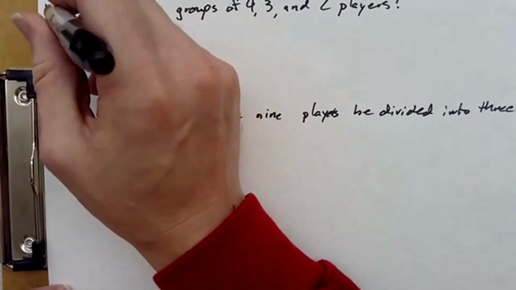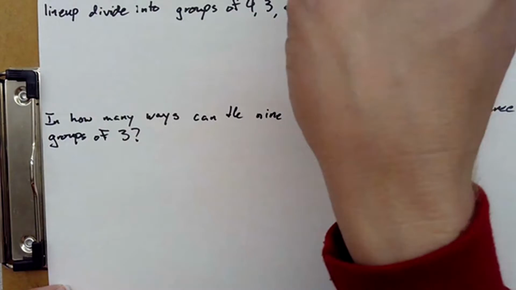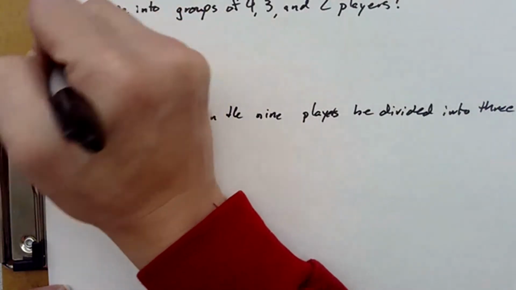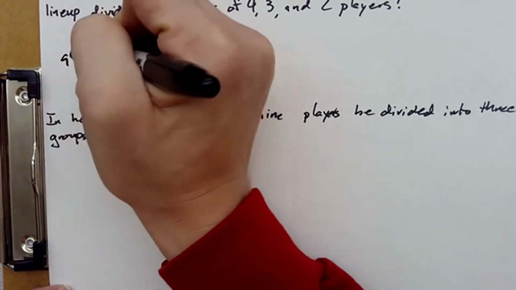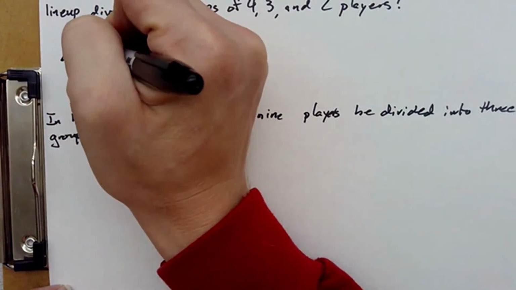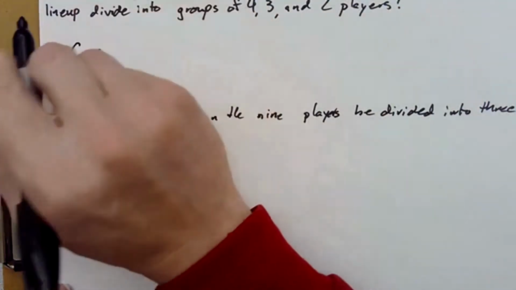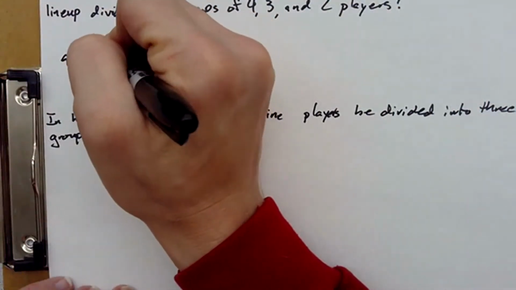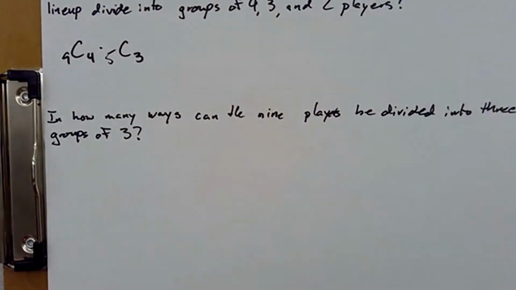That's 9 choose 4. And then we are left with 5 players, and we choose 3 of them. And then we're left with 2 players, and there's only one way to arrange those 2 players.